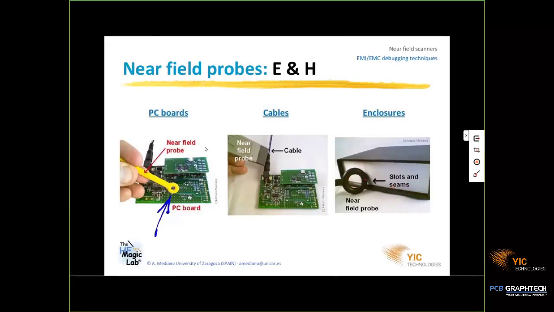Many people know that the near field probes can be used for finding hot areas in your design. But near-field probes are very useful too for immunity. In this immunity point of view, what you do is to inject signal in your near-field probe. So you inject signal from a signal generator with a small power amplifier. I don't know, 1 watt, 2 watts, 3 watts.